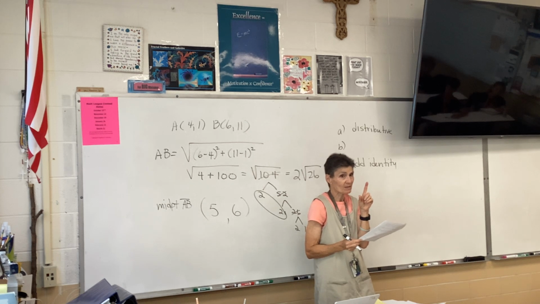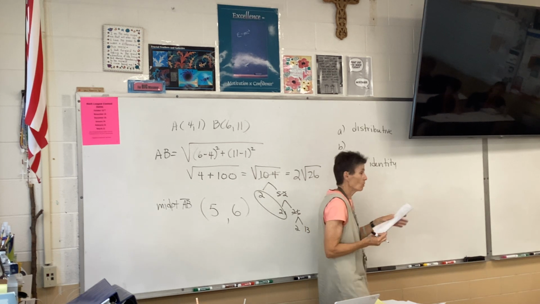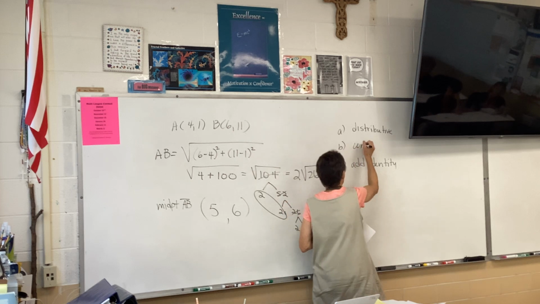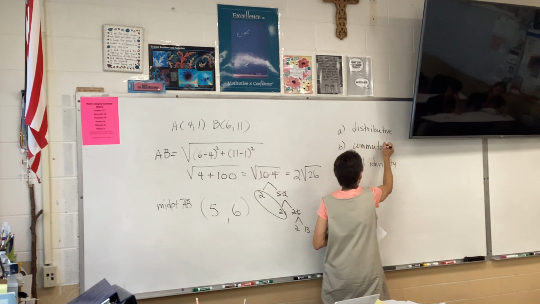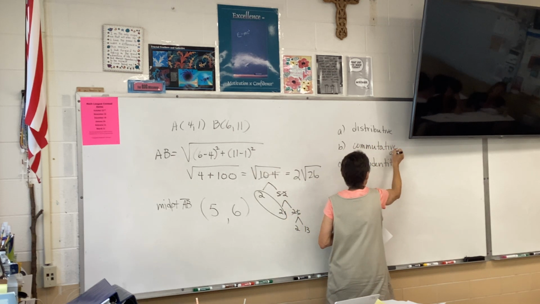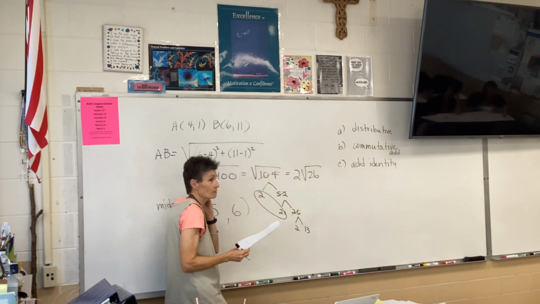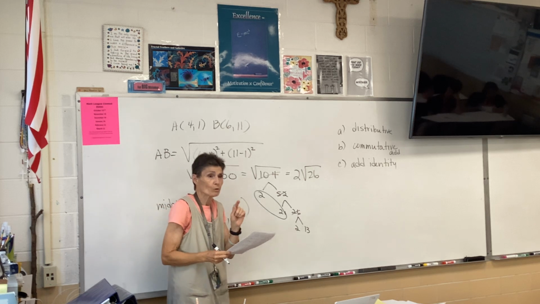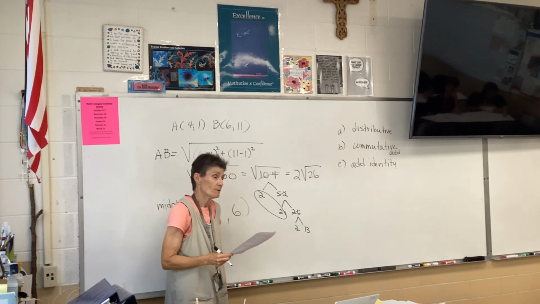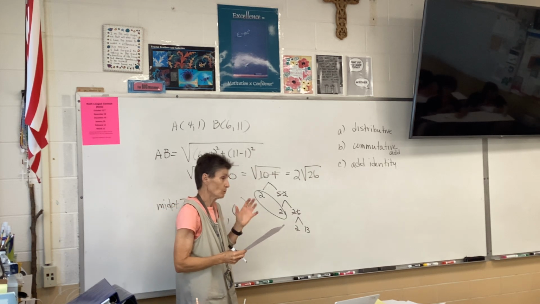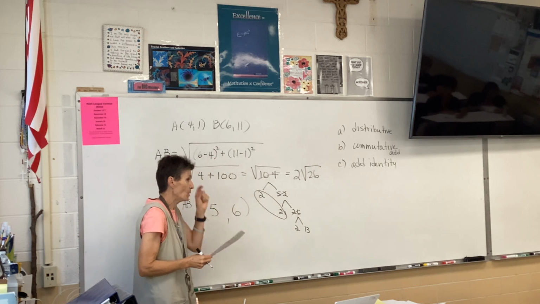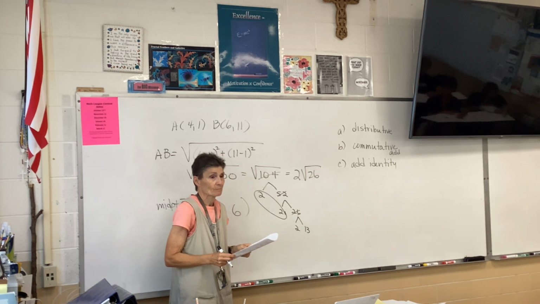Didn't the order of the things change? And when the order changes, it's commutative. Commutative of addition. When the order changes, not the grouping, x and y are still grouped. The order changed. That's commutative.